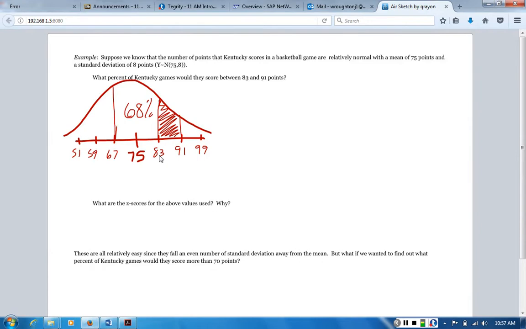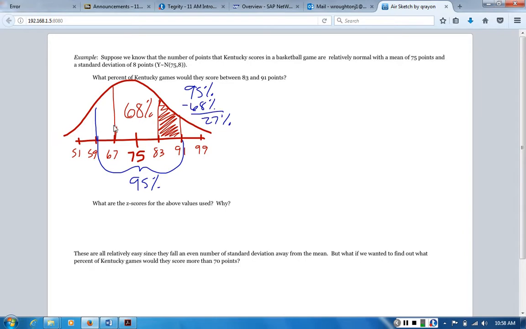And this one is 2 standard deviations, so between here and here is 95%. Just how we came up with that picture last time together, I know that these 3 pieces have to add up to 95%. I've already put 68% on there, so I'm going to subtract that off, leaving me with 27%.